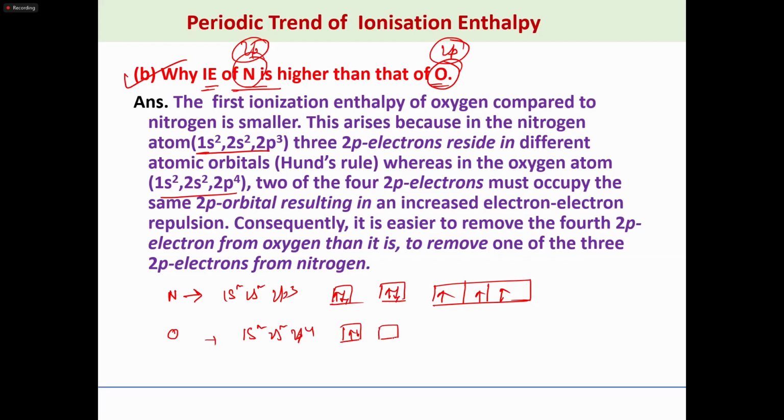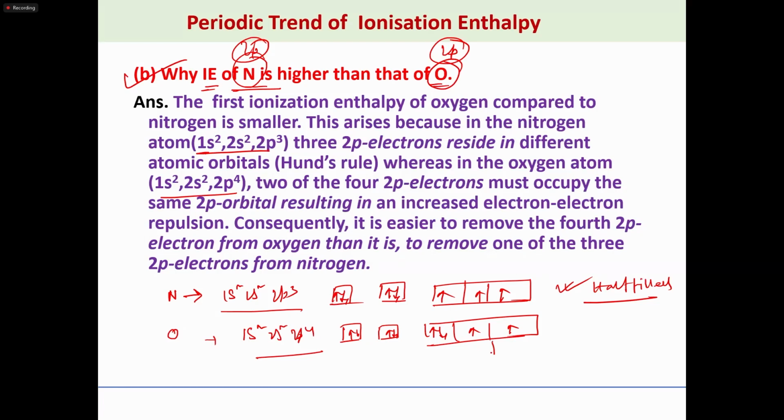So this is the electronic configuration. From the two electronic configurations, we can easily say nitrogen has a stable electronic configuration because it is half filled. That's why it is more stable compared to the oxygen electronic configuration.